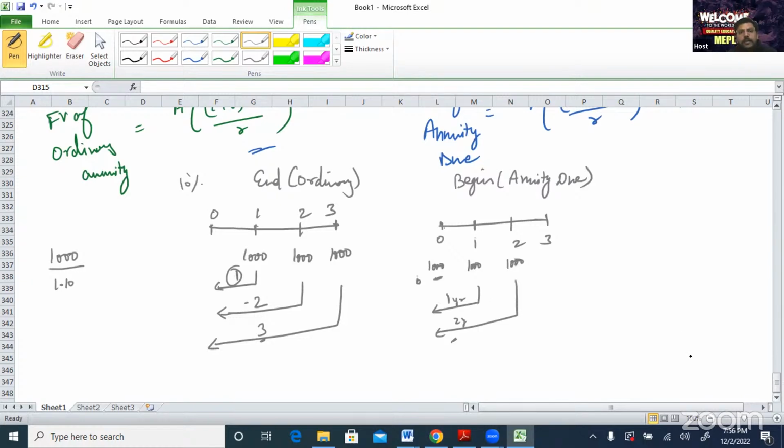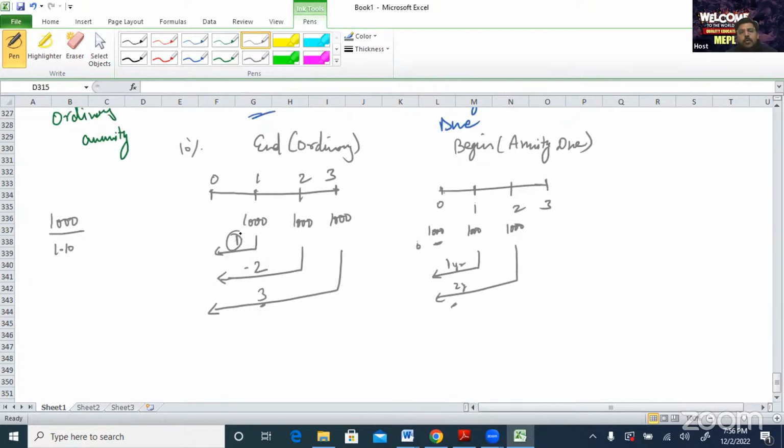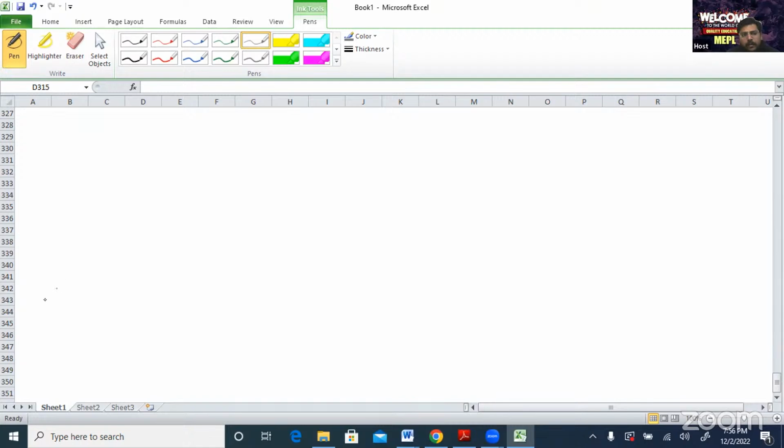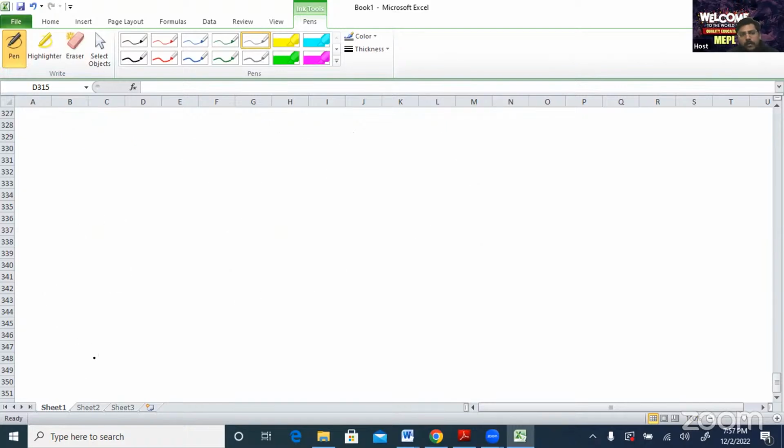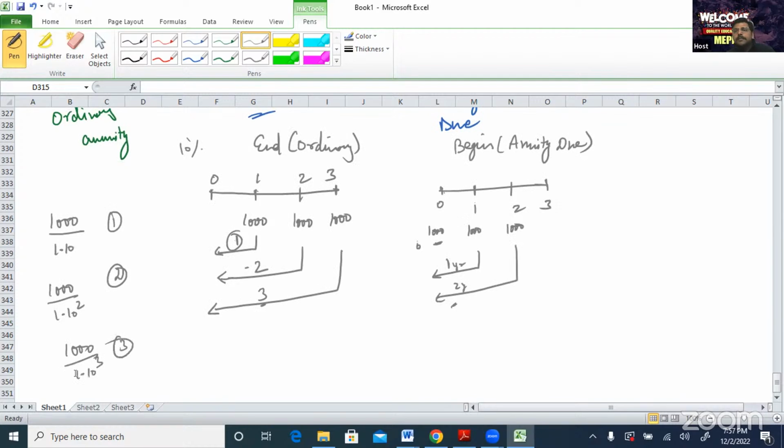So let's understand. If I talk about the first cash flow, present value will be this. Second cash flow present value will be this, and third cash flow present value will be this.